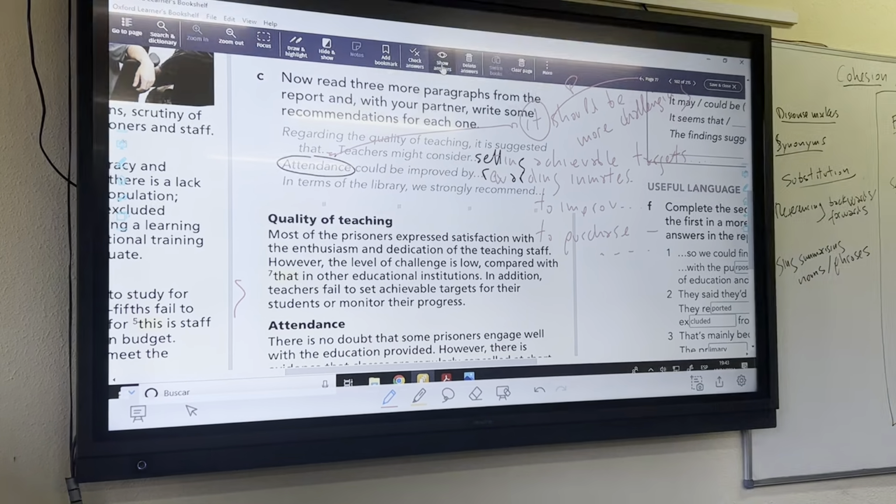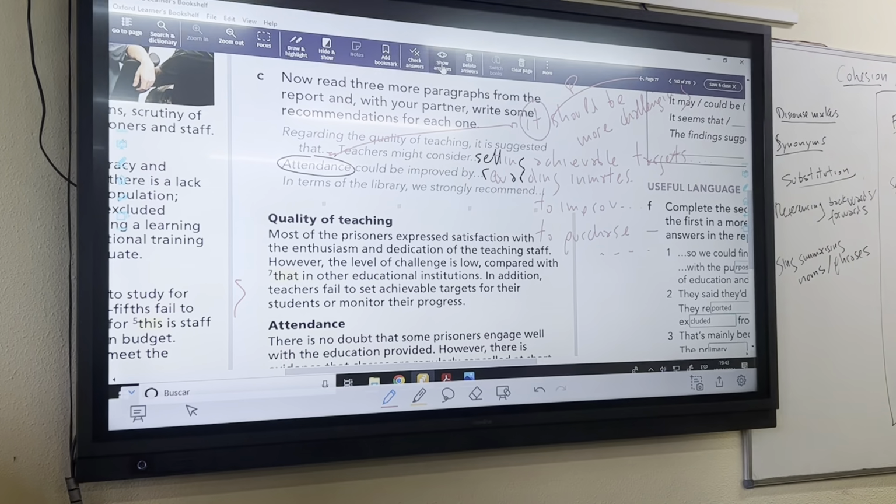Yeah. One more time. Coherence is the way in which the ideas are linked in a text. Cohesion is the use of linkers and other grammatical devices, such as the pronouns. So if your text is coherent, it's because the ideas are related to each other.